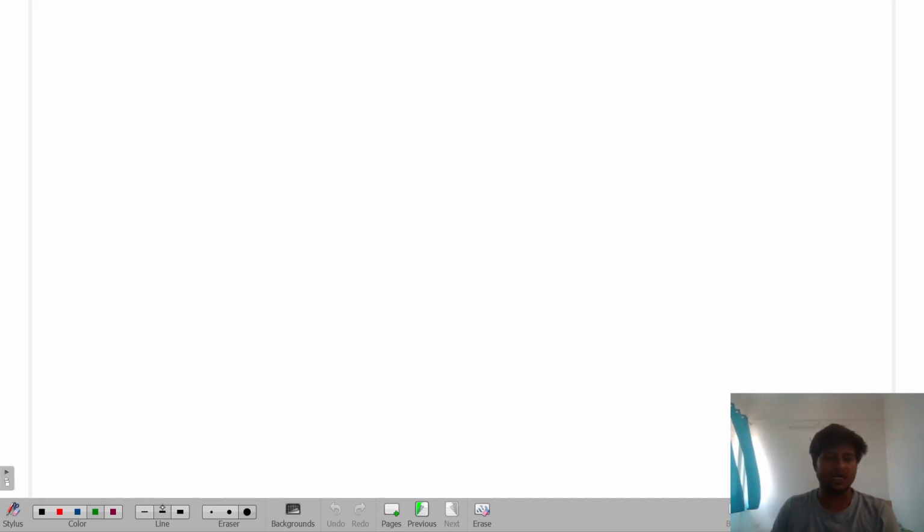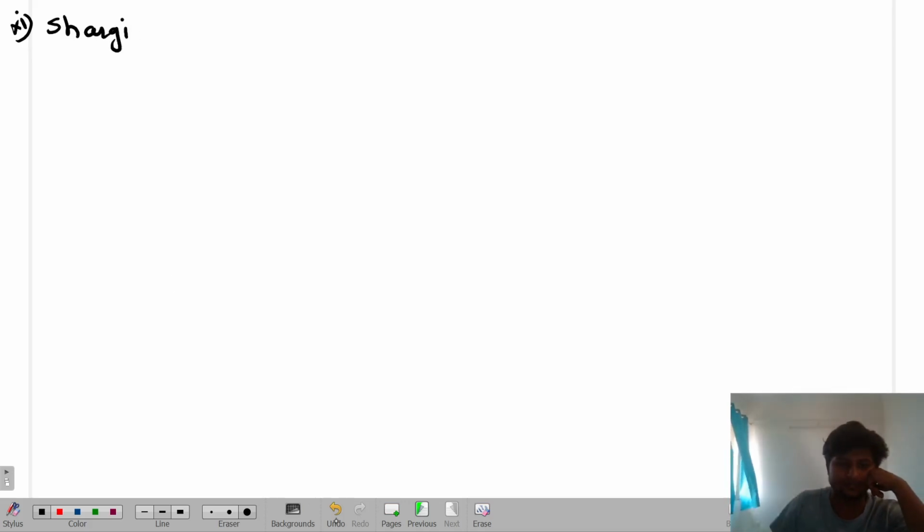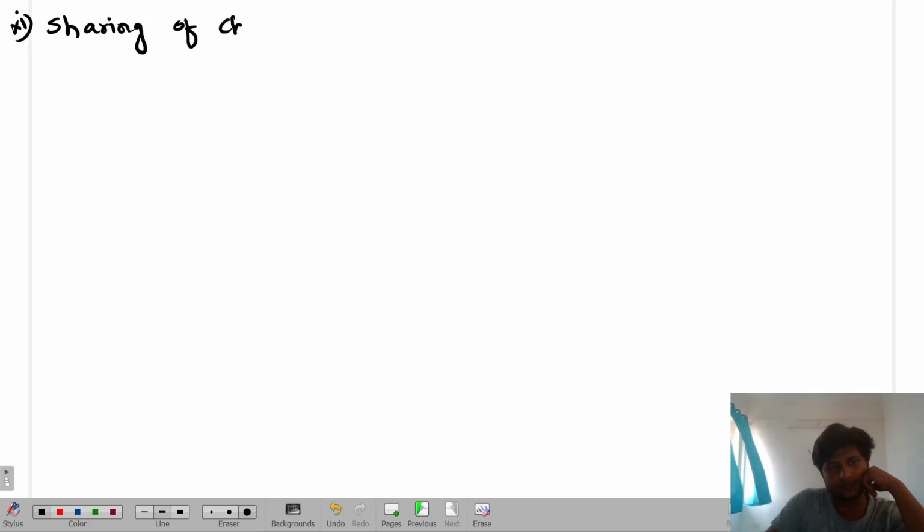Now, the last point of conductors, which is very important for us to understand, is the sharing of charges through the conductor. Now look over here. अब ध्यान से सोचो. What happens when two conductors are connected?